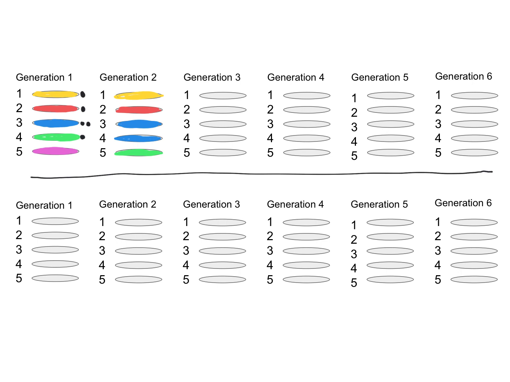Here is the next generation. We had 1 gamete form for number 1, 1 gamete for number 2. We had 2 gametes that were blue, so in the next generation there's 2 blues, and the last one is gamete number 4, which is why we have the green here. This allele here was removed from the population.